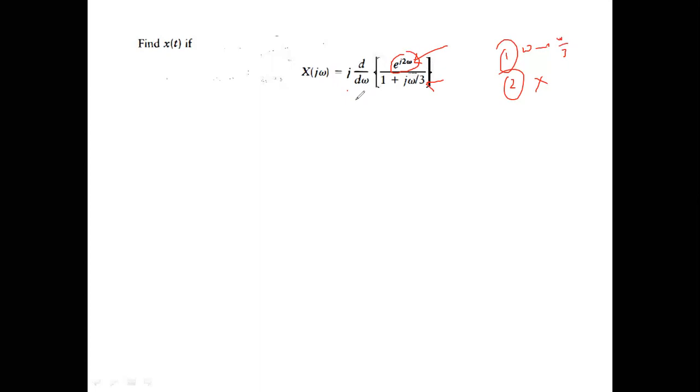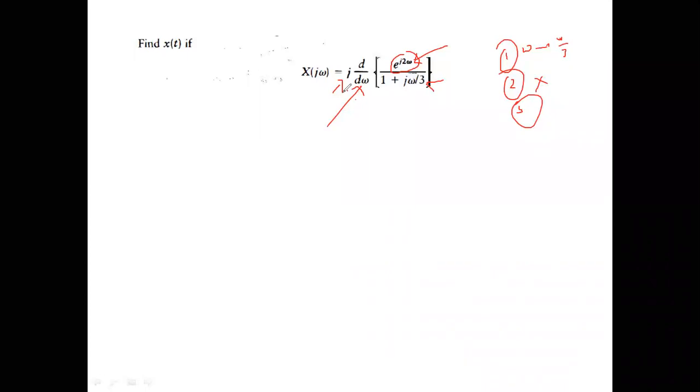Moreover, the third thing that I want you to observe here is that the entire thing has been differentiated and multiplied by a j. Differentiation in the frequency domain results in multiplication by t in the time domain.